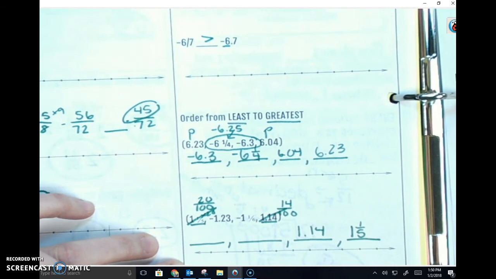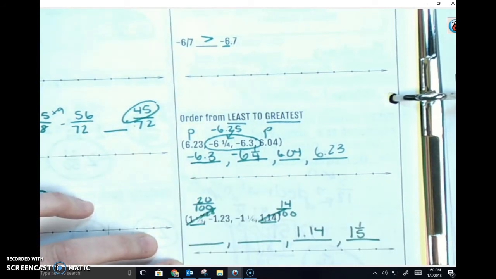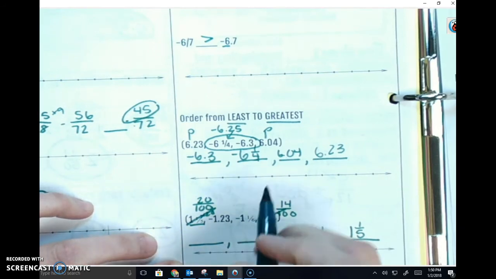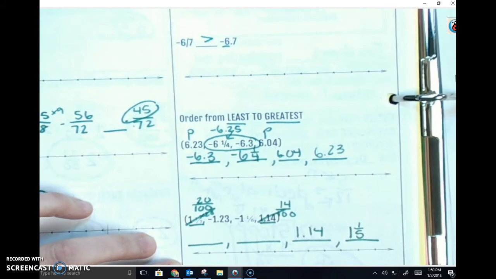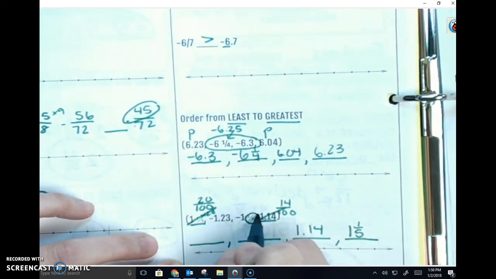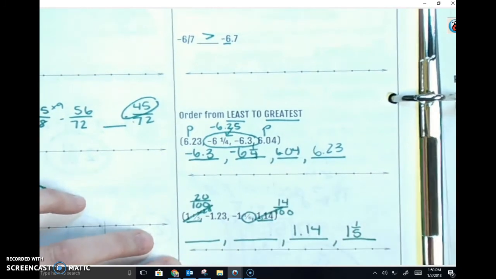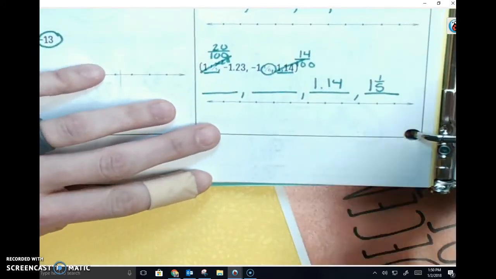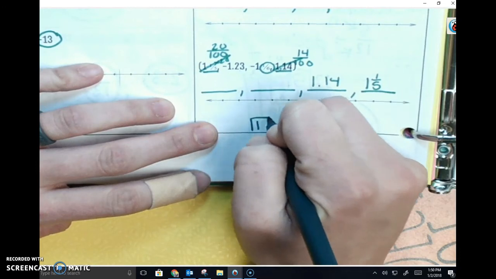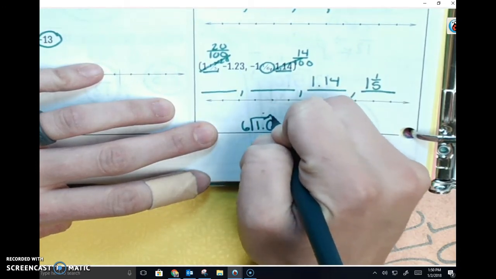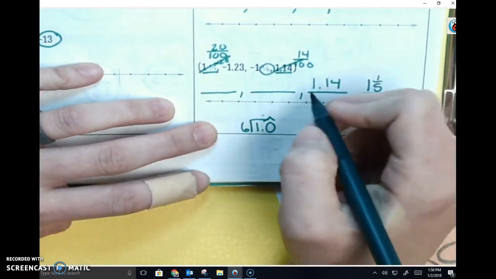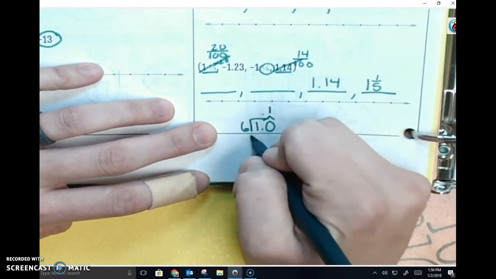These two are negative numbers. I'm going to change them both to fractions. 0.23, the 3 is in the 100 spot. So, no, not fractions. I'm going to change 1/6 into a decimal. So I'm going to do 1 divided by 6. I'm going to come down here on the bottom so I don't mess up my room. I have 1 divided by 6, decimal 0. 6 goes into 10 once.